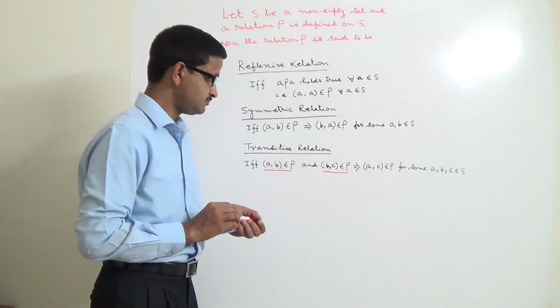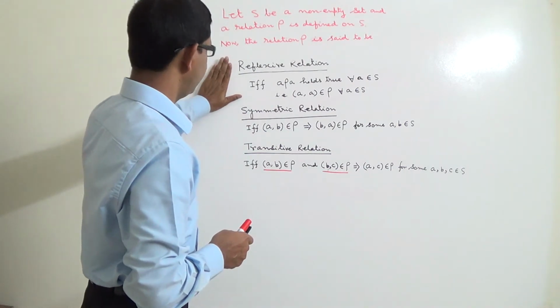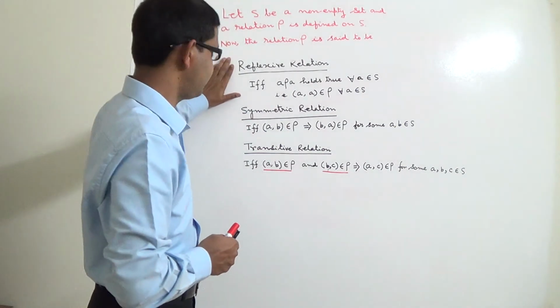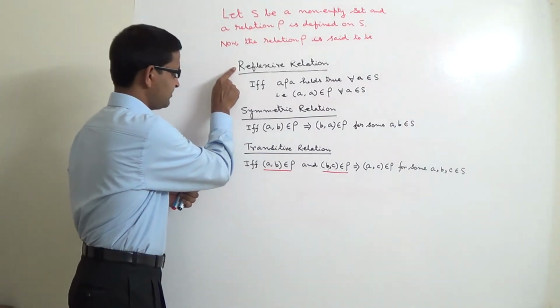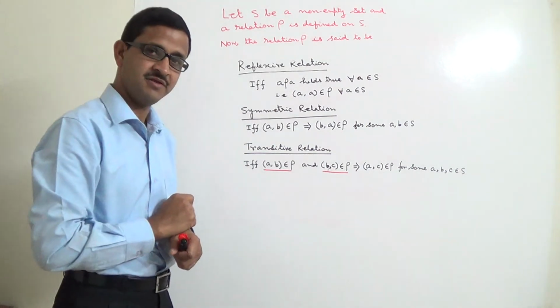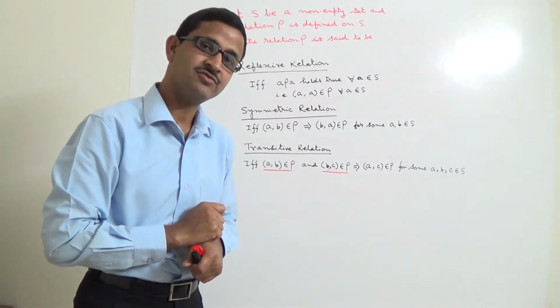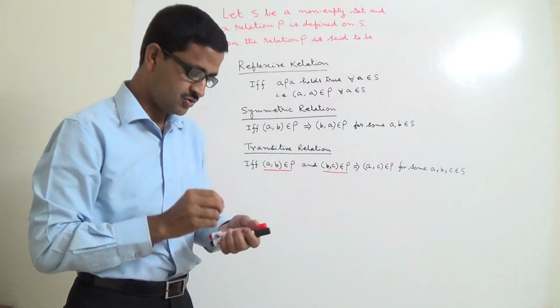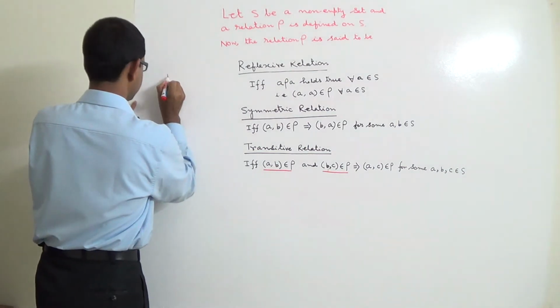Now, finally we want to see, if a relation satisfies all these three, that is, if it is reflexive, if it is symmetric, and if it is transitive, then we can say the relation is an equivalence relation. So, what is the prerequisite to have an equivalence relation?